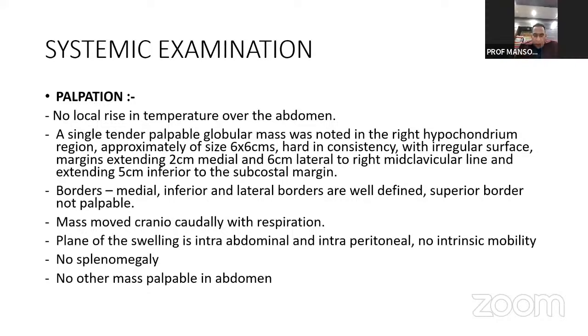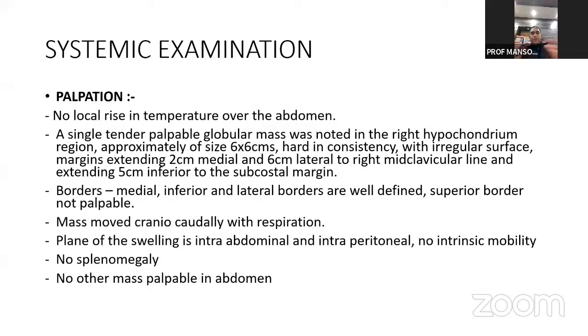This is what I think the senior professor was pointing out about the right hypochondrium. Again, you are making the same mistake. How can a 6 into 6 centimeter lump be present only in the right hypochondrium? It must be extending around, to the epigastric region as well.